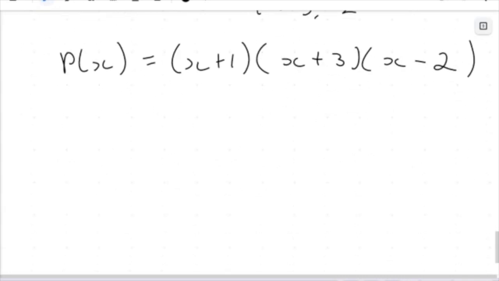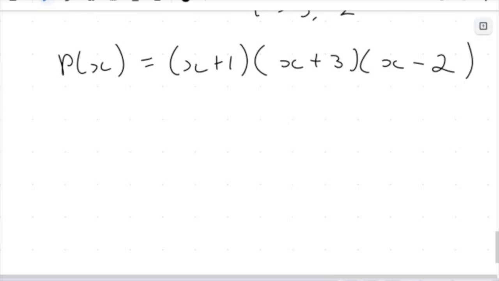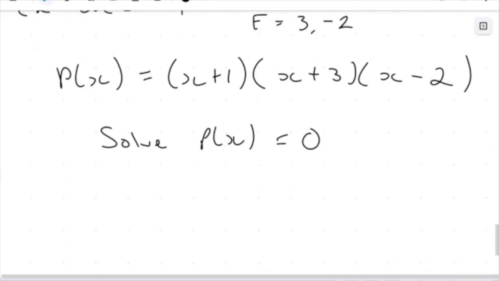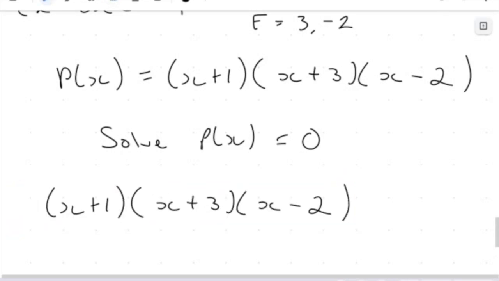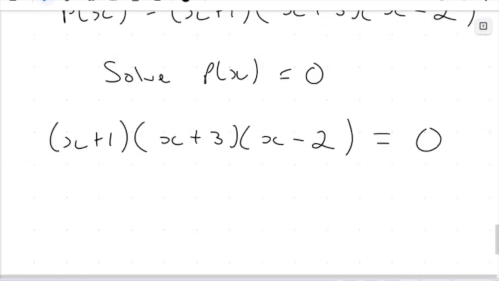Now, we are trying to find the zeros of this, so we're trying to solve for my polynomial equaling 0. I'm just going to copy paste this thing down here and set this to equal 0.